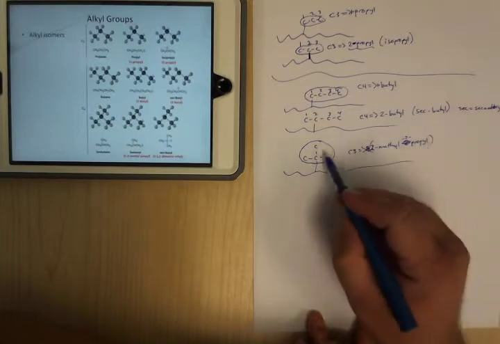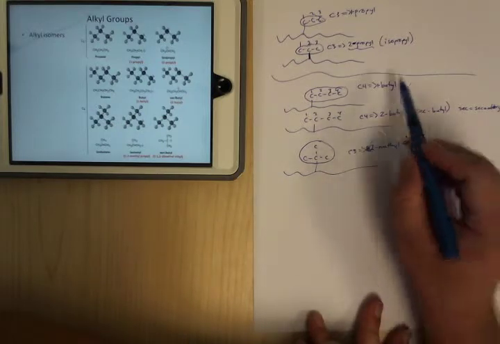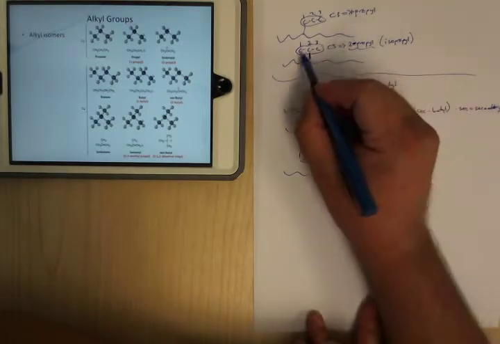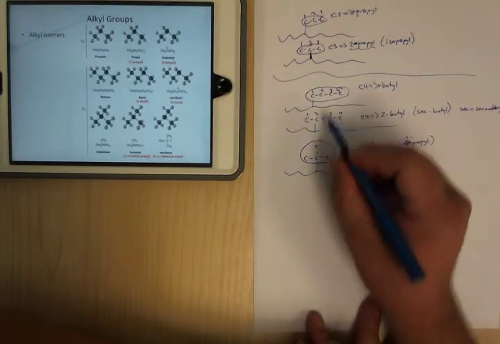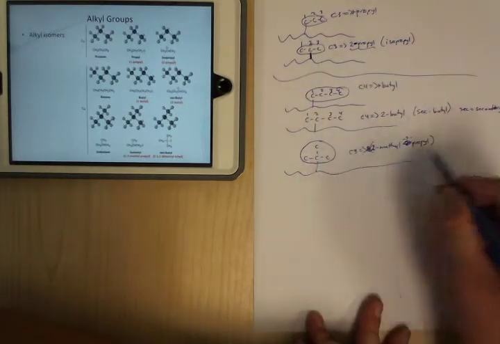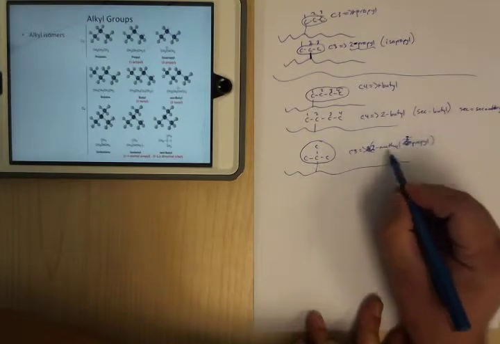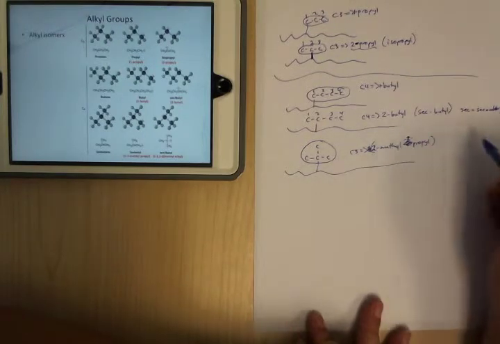Right, so it's a propyl group, but it's connected at carbon 2, and then there's a methyl group coming off it right there. But it's still 4 long, right? So this is a 2-methyl, 2-propyl group.